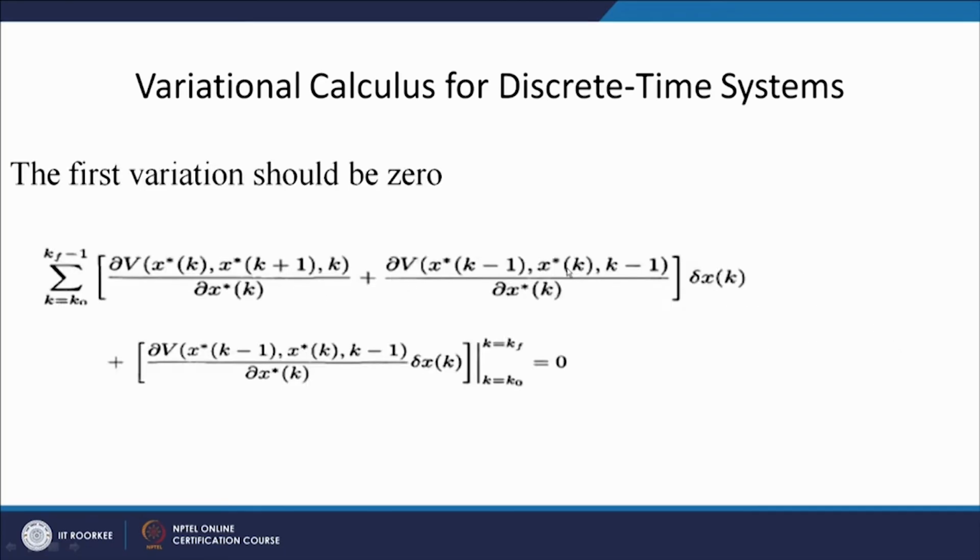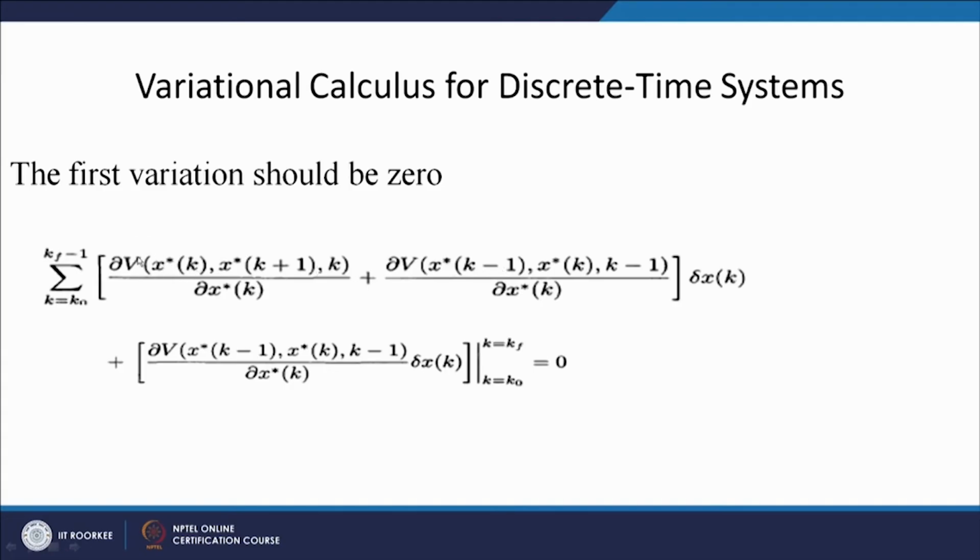So, overall, by clubbing these two, my first variation will be the summation of del v by del x k with delta x k, but this v is a function of x star k plus 1 and k, and this is a function of x star of k minus 1. Like we got in our continuous time system del v by del x minus d by dt, here we have one step before.